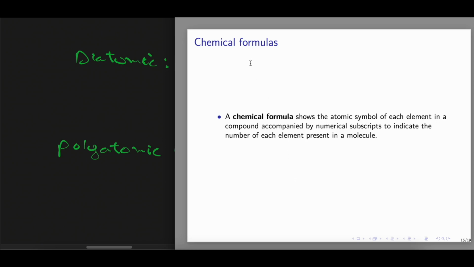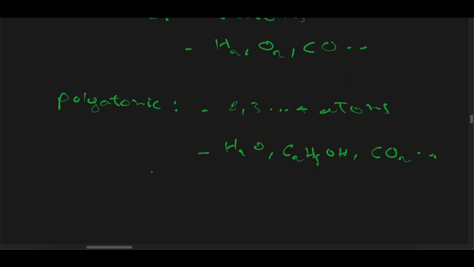And now let's talk about the chemical formula. A chemical formula shows the atomic symbol of each element followed by its numerical subscript in order to indicate the number of each element in a molecule.